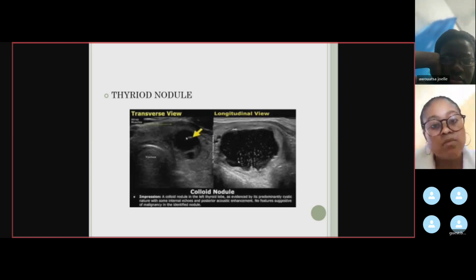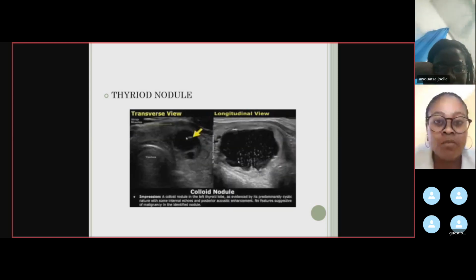This is a transverse scan with the nodule, and in the longitudinal view you can see some dots inside that nodule. These are called internal echoes, which are present inside the nodules.